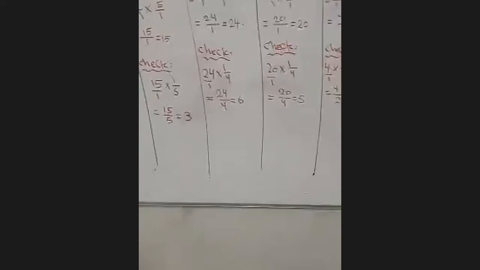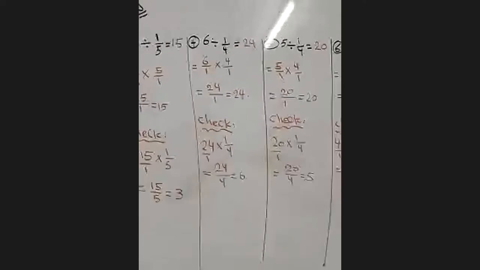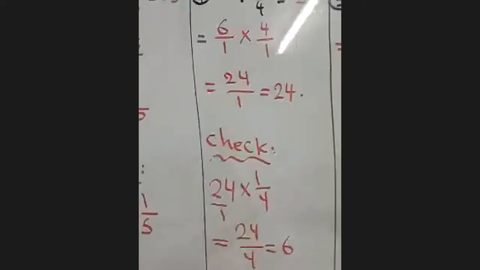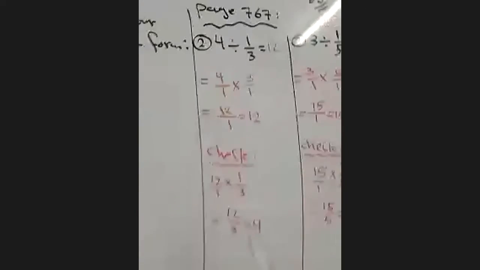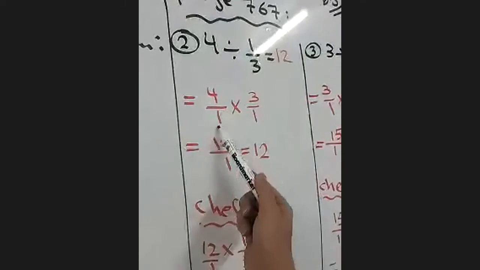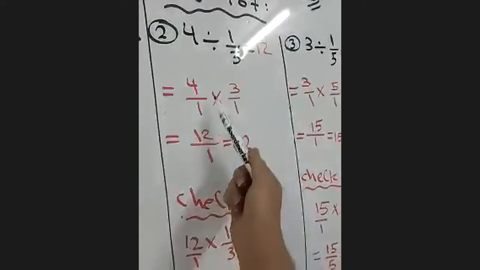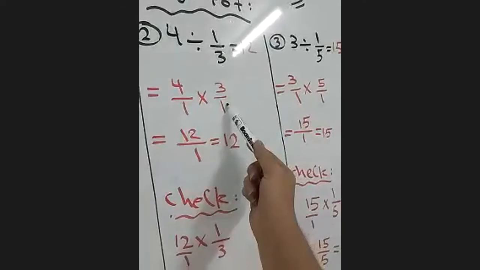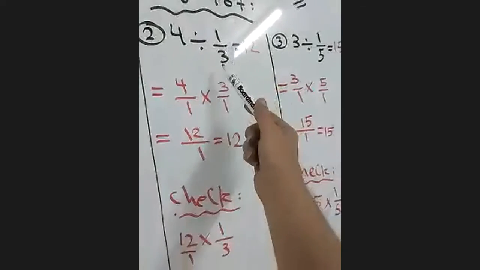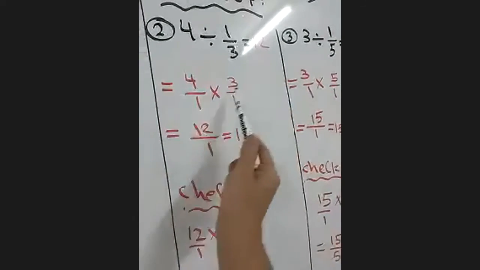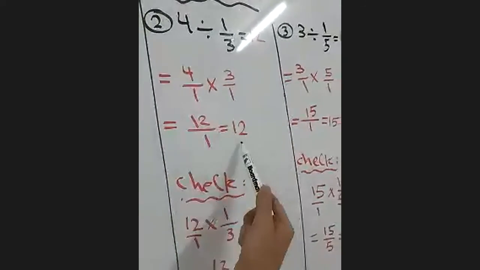And this is the idea of how we divide a whole number by fractions. The first step, the whole number stays the same, but we make it a fraction over 1. The division becomes multiply. The second fraction, we do the reciprocal. Reciprocal means we flip the fraction. Then we do normal multiplication, then we simplify.